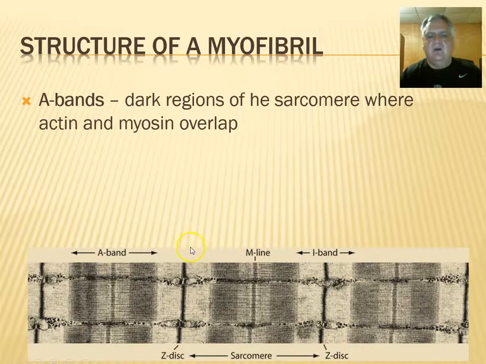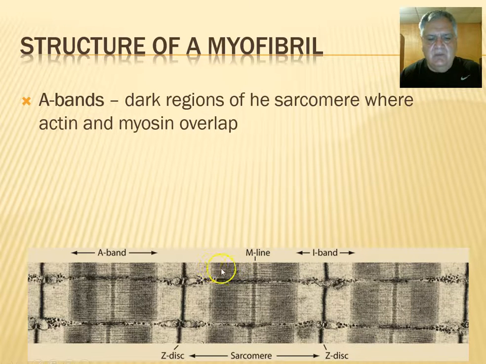Now, because there are some variations as we move throughout the sarcomere with regard to density, we refer to different regions of the sarcomere. One of the regions that we have is referred to as the A band. The A bands are dark regions of the sarcomere where the actin and myosin overlap one another. So we can see, remember, the actin extends from the I band to partially overlap the myosin.